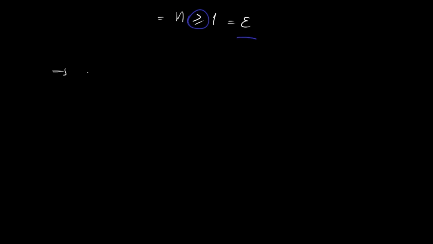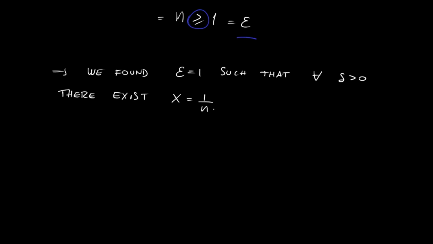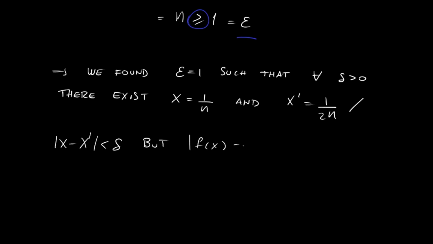So then we found an epsilon equal to 1, such that for every delta greater than 0, there exist x equal to 1 over n and x prime equal to 1 over 2n, such that the absolute value of x minus x prime was smaller than delta, but the absolute value of f of x minus f of x prime was greater than or equal to epsilon.